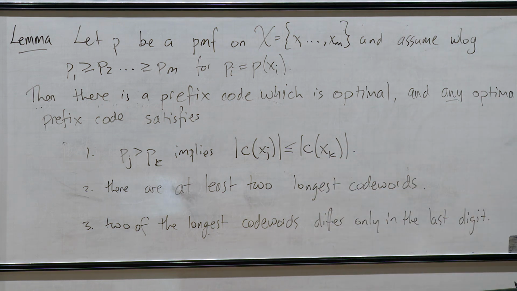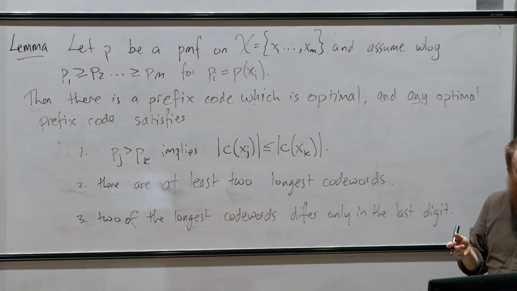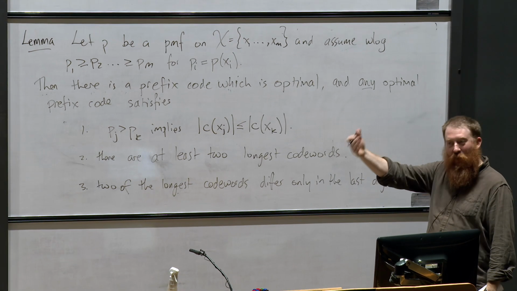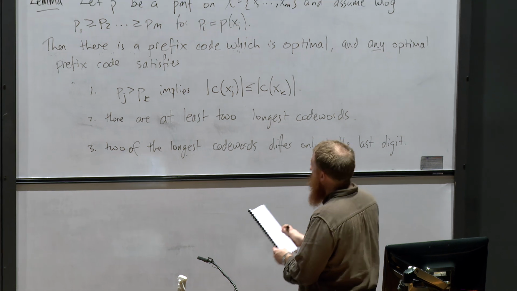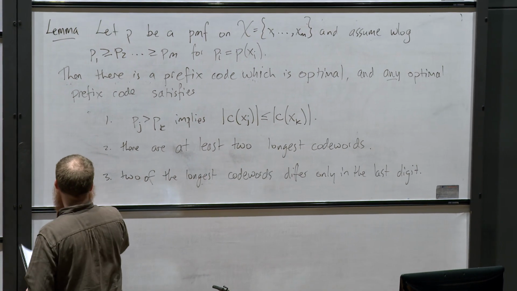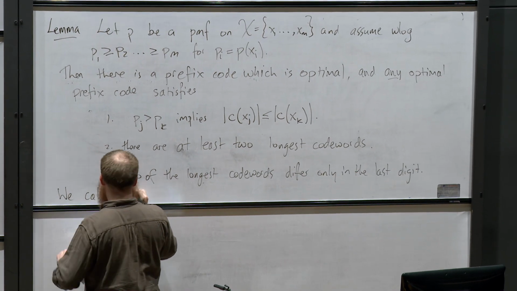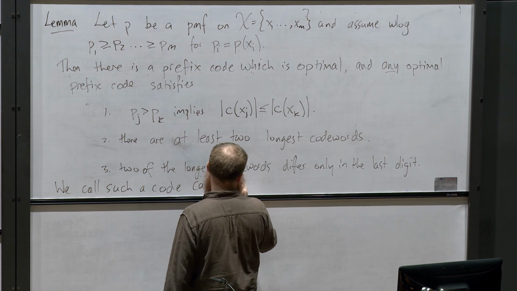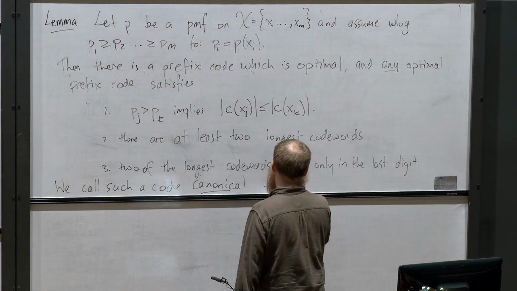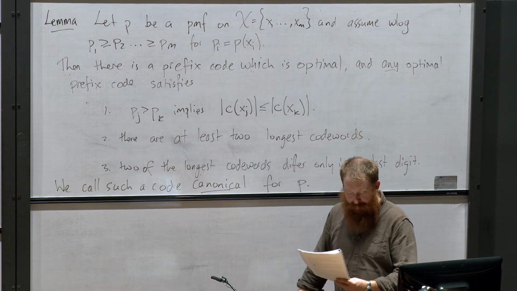In fact, we can say a little bit more, that any longest code word has another code word that differs only in the last digit from it. So they always come in pairs, which can only differ in the last digit. Okay? We call such a code canonical for P.